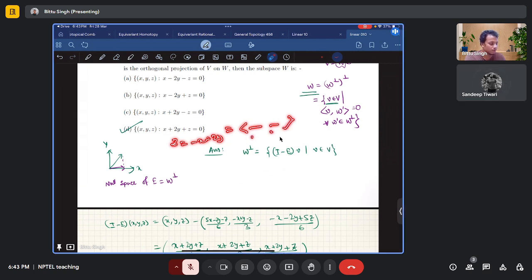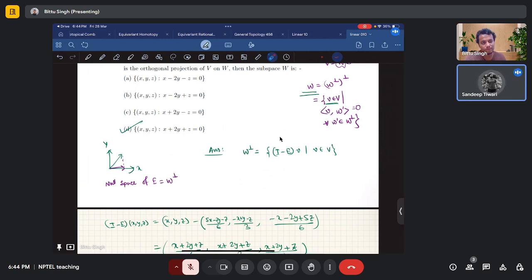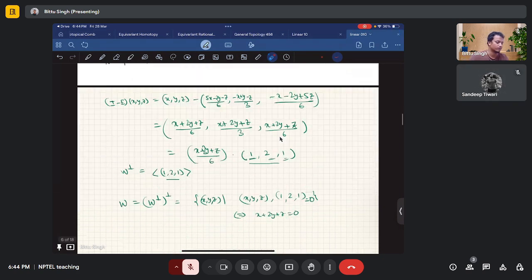For example, here z equals minus x minus 2y. So you can write it as x times (1, 0, minus 1) plus y times (0, 1, minus 2). But otherwise, in general, you solve those kinds of equations, right? You need to find the kernel of that system. Fine, sir.